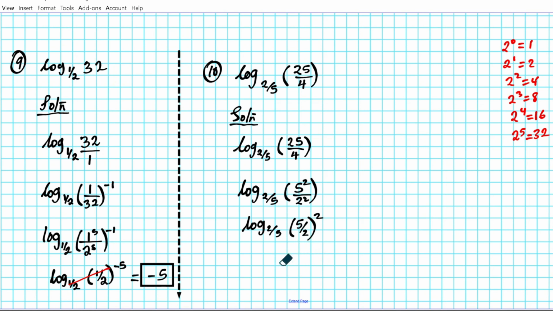All right, so can we cancel out here? No way. The base of our logarithm doesn't match the base of our logarithmic argument written in exponential form. Can we rectify this problem with one step? Yes, we can apply the reciprocal property of exponents.